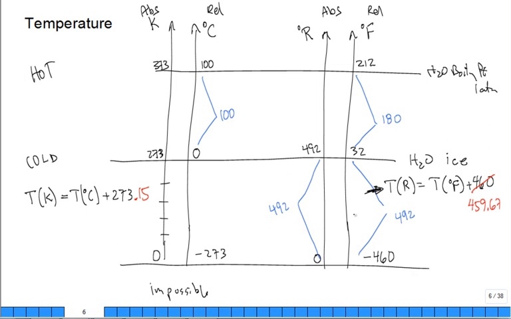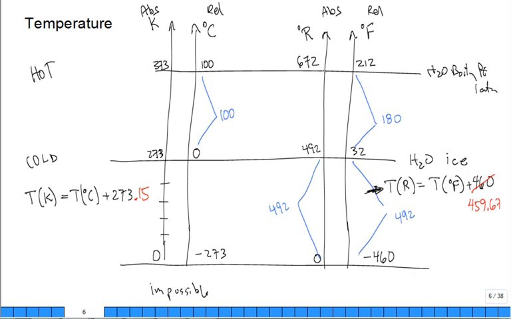All right. Now, I left out the temperature up here for the boiling point of water at 1 atm in degrees R. What is that one? 672. Does that look good? All right.